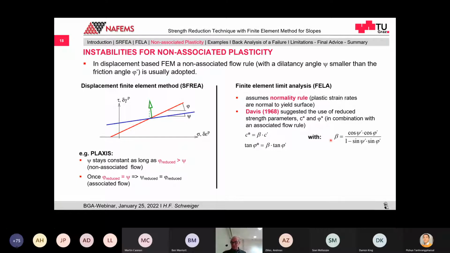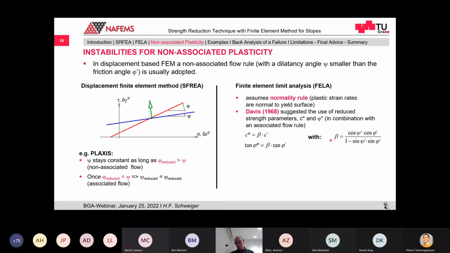So basically, in simple terms, you transfer the non-associated problem into an associated one with different effective cohesion and friction. Now, as has been shown, amongst others, by Scott Sloan in his Rankine lecture some time ago, this works very nicely if you optimize for loads. But it does not work very nicely if we do a strength reduction, because you can do strength reduction with finite element limit analysis as well.